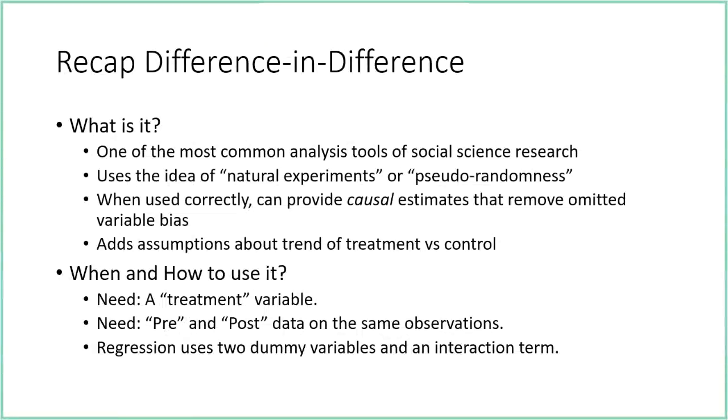And when it's used correctly, it can provide causal estimates. Not every data set is applicable for difference in differences. For a data set to be applicable, you need 2 things. A treatment variable, which means you need treatment observations, some observations that got something, other observations that didn't, and you need before and after data.